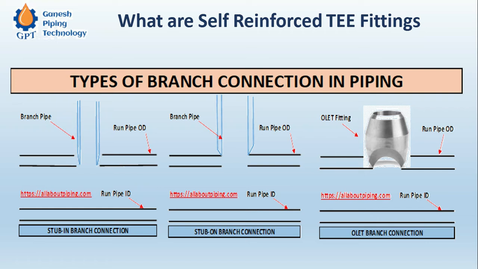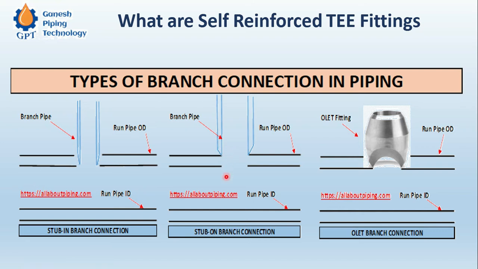So we have already made a video on stub branch connections. You can watch that video for a better understanding. However, you can see it here. This is the stub-in connection where the branch is inserted inside this hole. This hole is drilled in the header pipe, and this branch is rested on the hole which is drilled in the header pipe.